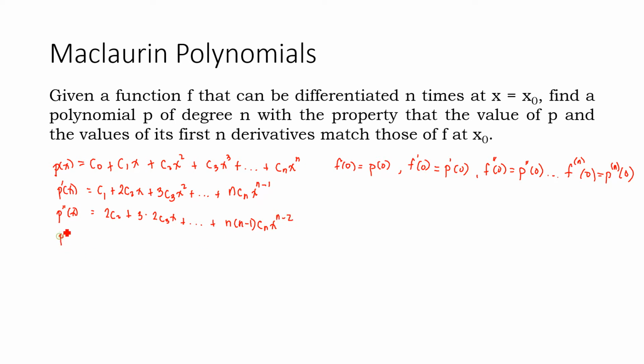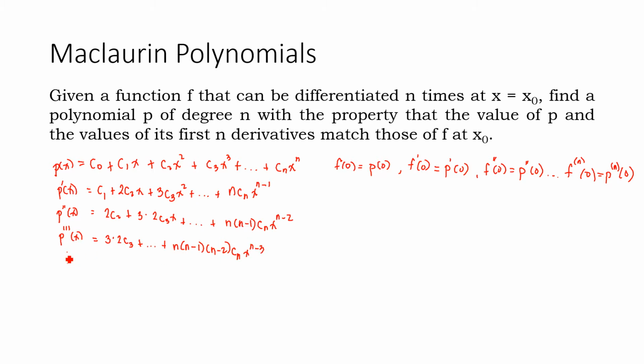Our third derivative of p of x would be equal to 3 times 2 c sub 3 plus so on, plus n times n minus 1 times n minus 2 times c sub n x raised to n minus 3.